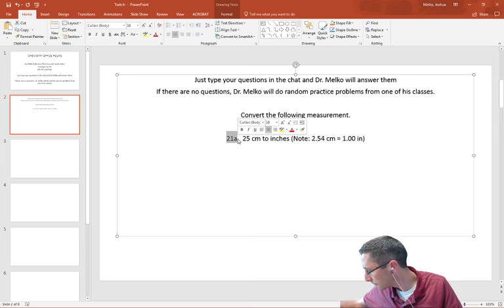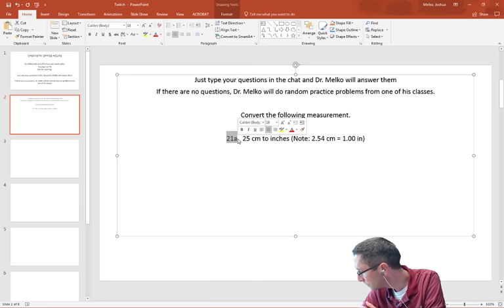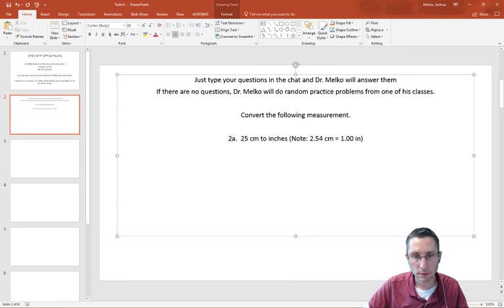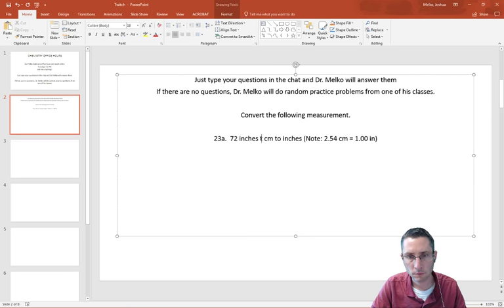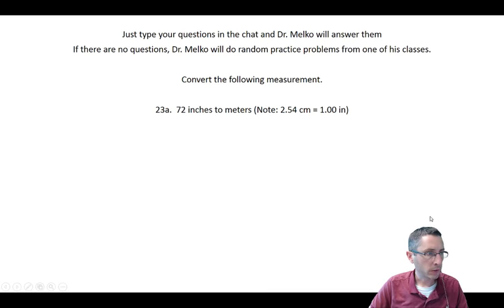This is the 23A. Right, and 23A says let's convert 72 inches into meters.